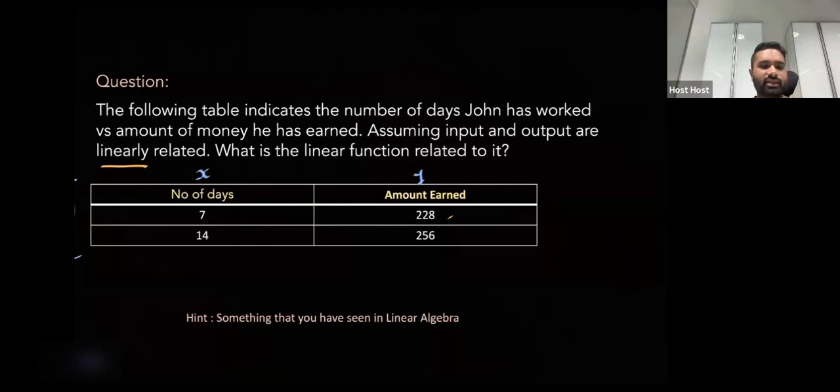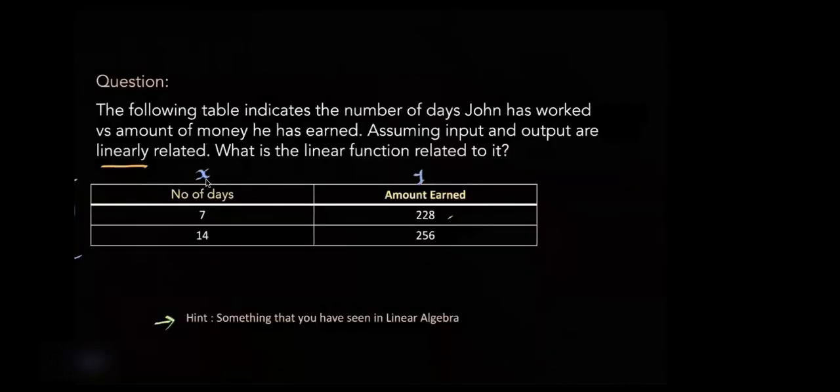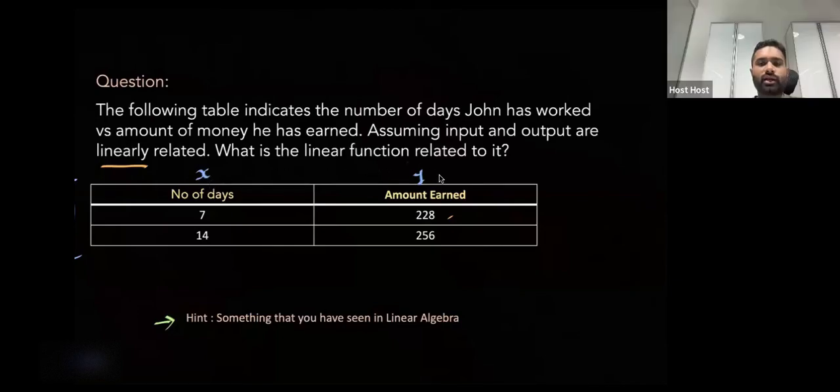The hint is saying that it is something you already learned in linear algebra. Can you formulate this in some way? Take a first entry. Please note that we have assumed this first column as the input, which is small x, and the final output variable as small y. Now you take a first entry and you assume a certain relationship first.